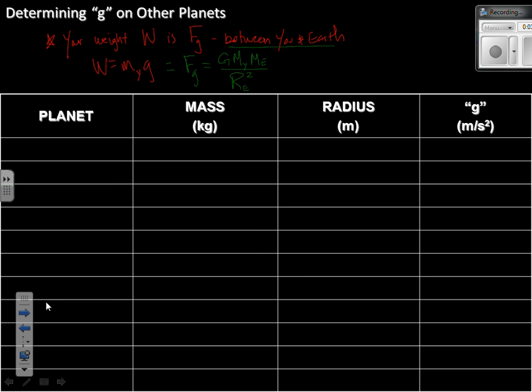Fair enough? I'm just going to move this stuff over here. I should really write this as g Earth. Notice what goes away, and we have an expression now for g of the Earth.